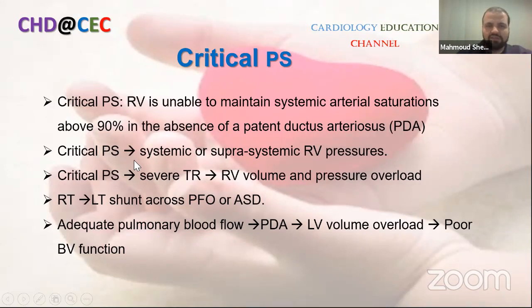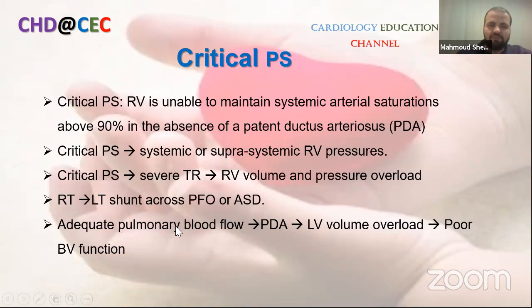Critical pulmonary stenosis leads to systemic or suprasystemic RV pressures. So this will end with severe tricuspid regurgitation, leading to RV volume and pressure overload, which may affect the function. If you have a PFO or ASD, which is common in the neonate, there is a right to left shunt across the PFO, so these babies come with severe cyanosis.